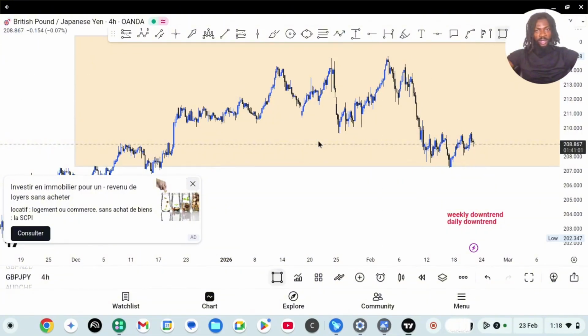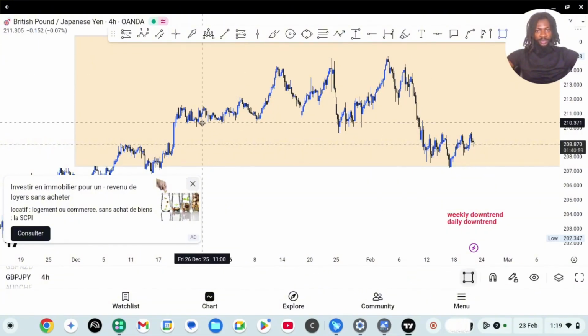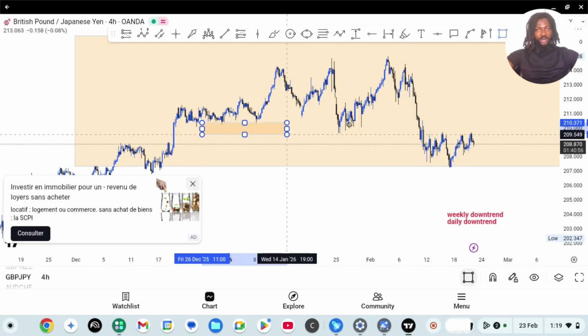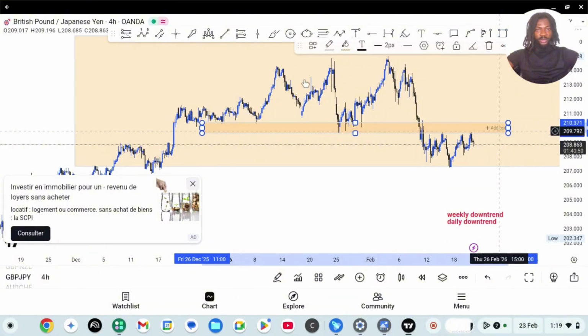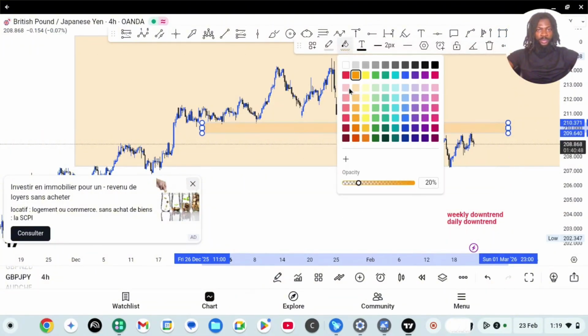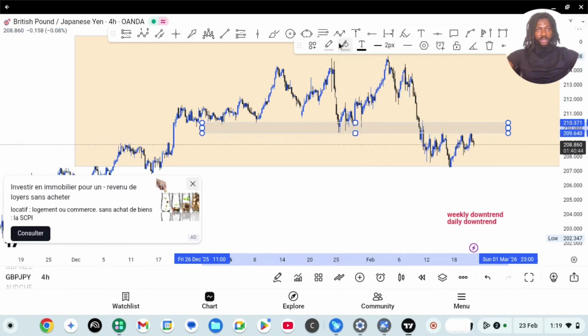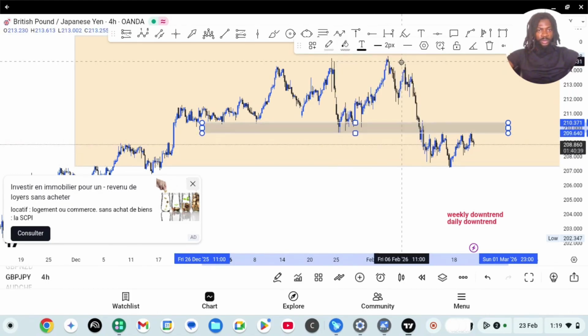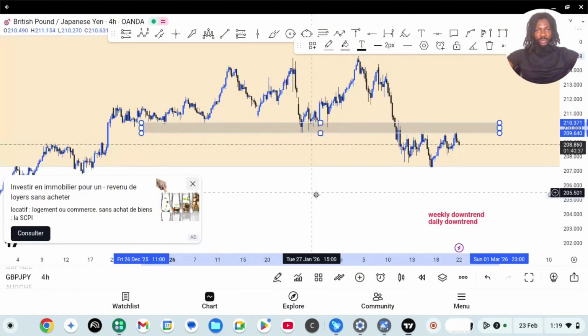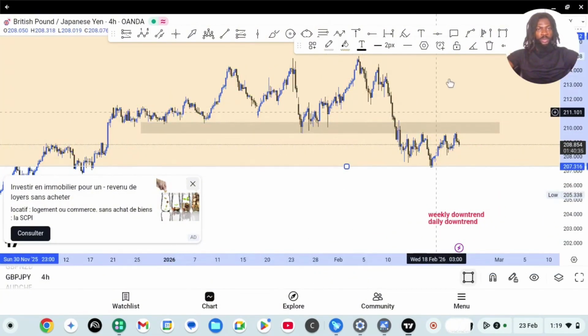As you can see clearly, we have a very good resistance level here, support turned resistance. We have a very good resistance level there. Let me remove this one.